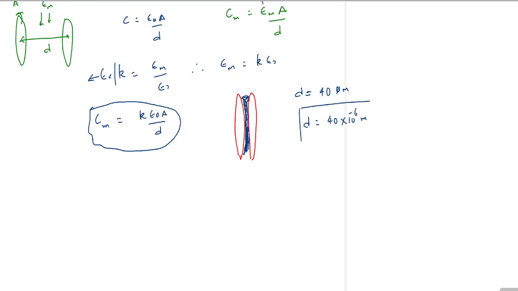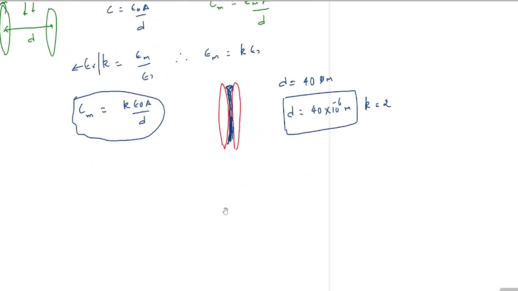So d means the distance between the two plates, and K here is given as 2. So we know K, and we know d.